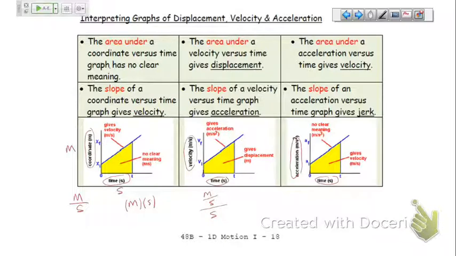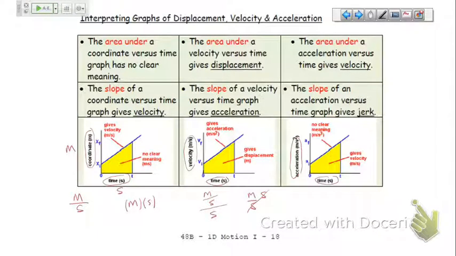Well, that's acceleration. So the slope of a velocity versus time graph is acceleration. Whereas if I do the area under the graph, it's meters per second times seconds, which is meters. And meters is the measure of displacement. So the area under the graph gives me displacement for a velocity versus time graph.